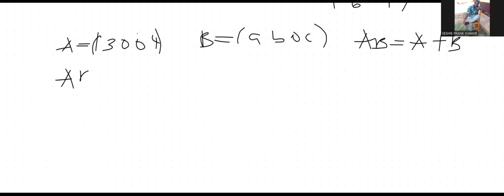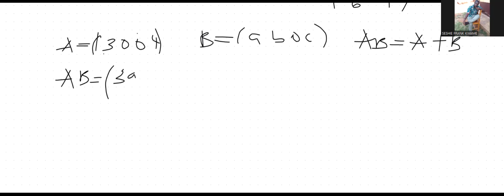So that is going to be 3 times A, plus 0 times there's nothing down there, 0. 0 times there's nothing down there, 0. 4 times there's nothing down there, 0. So you see that will be 3A.